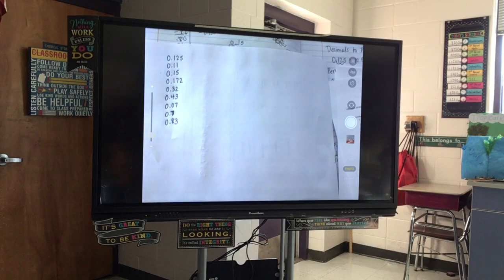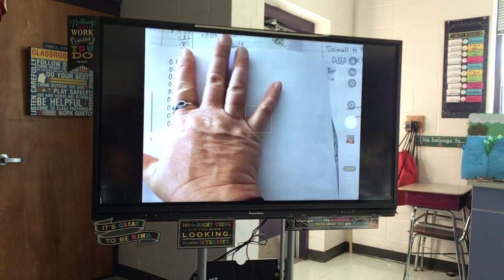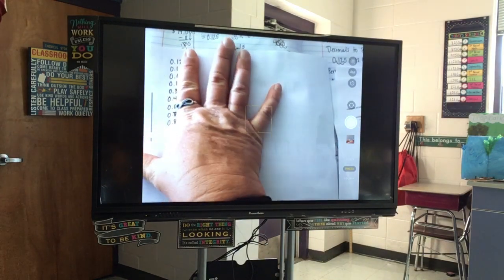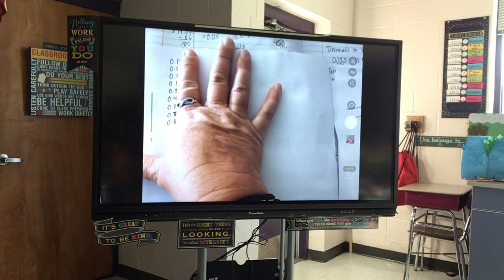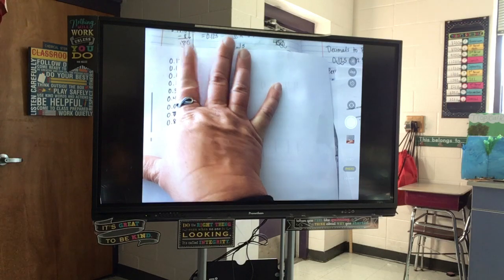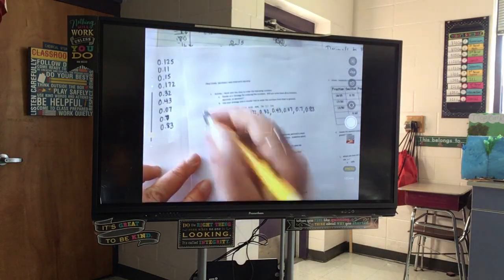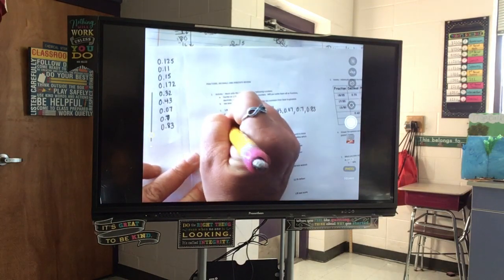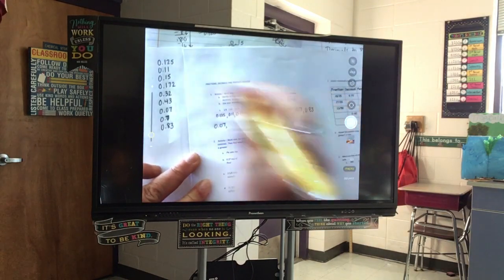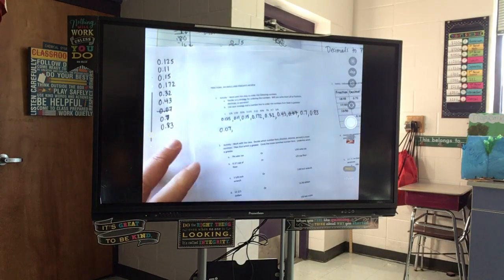Let's look at the tenths place. Looking at just this row right here, which one is the smallest number? 1, 1, 1, 1, 3, 4, 0, 7, 8. Bryson? 0. So that one is going to come first. So it's the 0.07. That one is used. That one is gone. Alright?